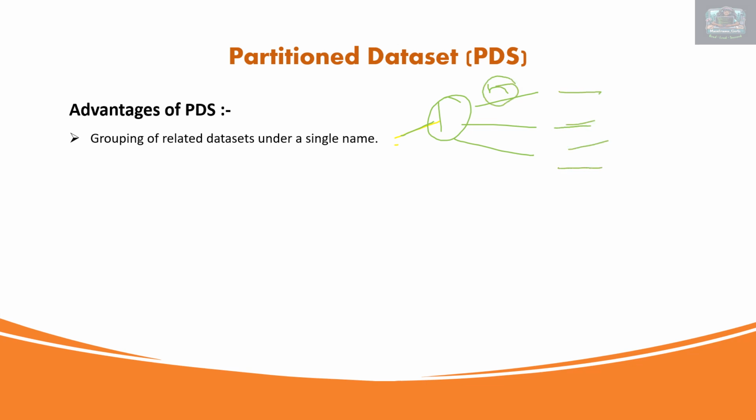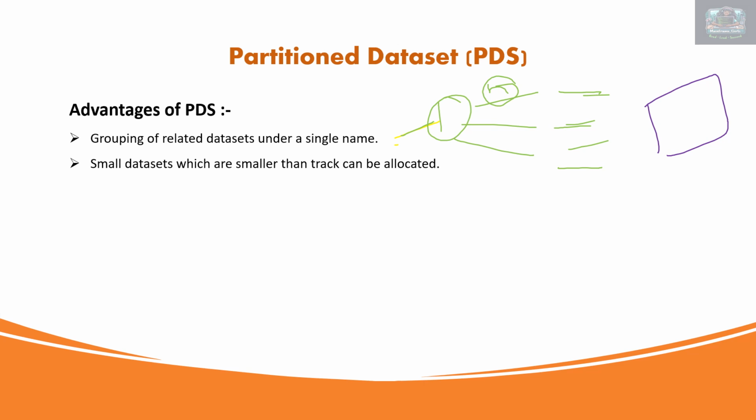The next advantage is that members can be smaller than a track. When you are creating a PS file, you give a particular space. I'll explain what a track is, how many bytes it is, in an upcoming video.